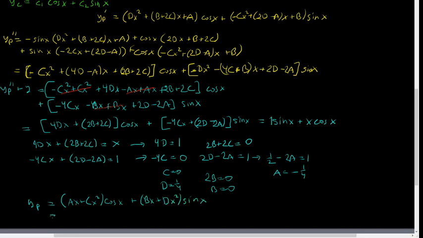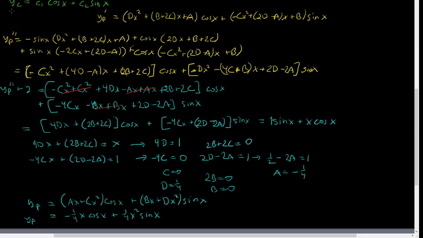So plugging in the numbers, we get, let's see, negative 1/4 times x times cosine x plus, b is 0 and d is 1/4, so 1/4 x squared times sine x. And that's our particular solution.